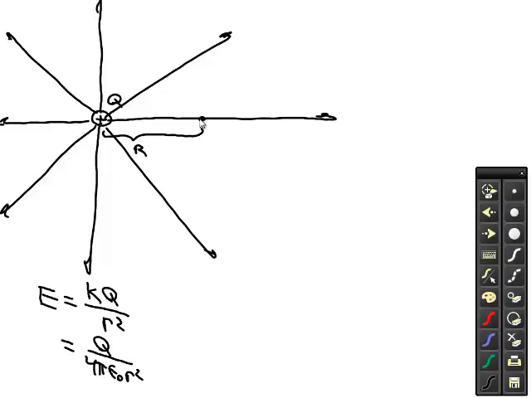So I'm changing the rules just a little bit, but that's okay. So delta V, or V, is negative integral from R to infinity of E dr. I said dx earlier, but we're just moving radially away from this charge, so it doesn't have to be the x-axis. It can be the y-axis or the z-axis. So I'm just going to call it dr.